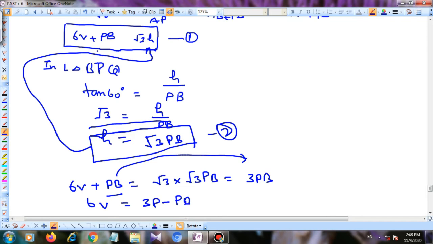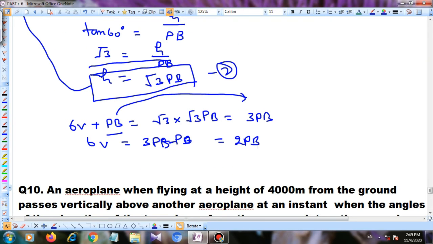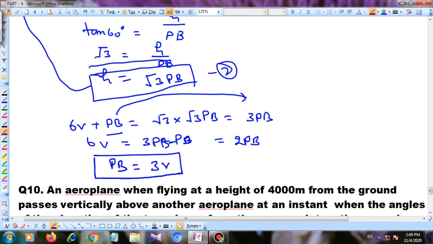Clear? So this will become twice PB. So the value of PB will be 6V upon 2, meaning 3V. Clear? So the distance PB, the remaining distance which the car travels finally, is 3V.